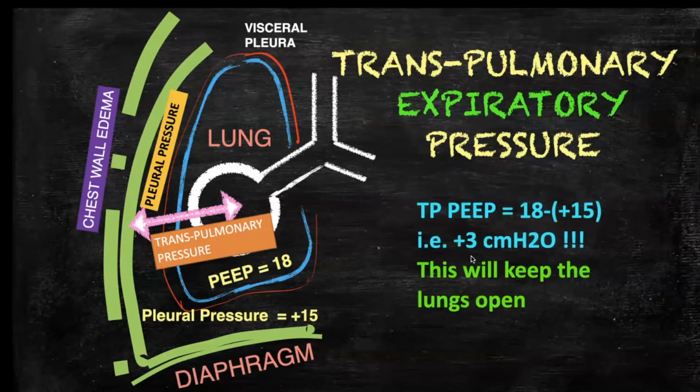This positive value means the lungs will be kept open and atelectasis can be prevented. Thus, it's so important, particularly in patients with obesity, ascites, or chest wall edema, wherever you suspect that chest wall compliance will be poor, to measure pleural pressure and then titrate your inspiratory and expiratory pressures.